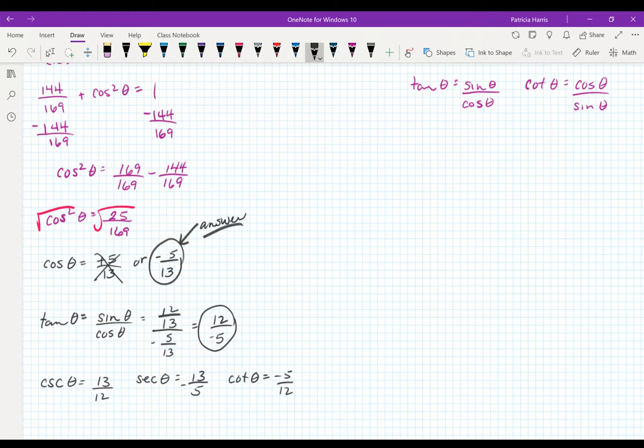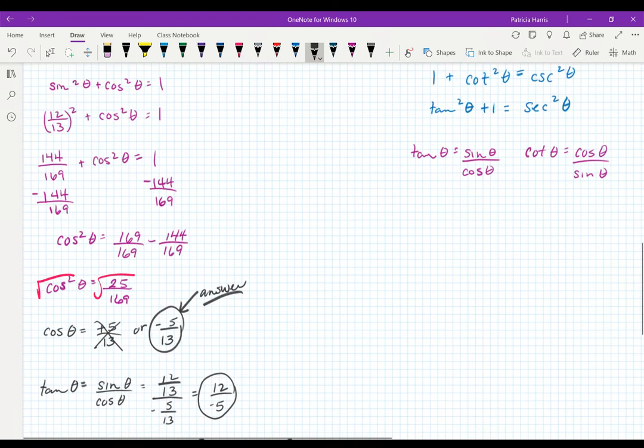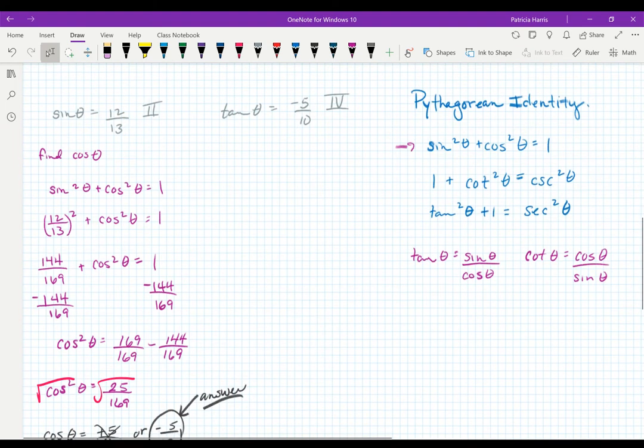It kind of just depends on how your brain works. If your brain is more picture oriented, then you like the triangle. If you like formulas and work in the algebra, then you might like this a little bit better. So let's try out the other one.